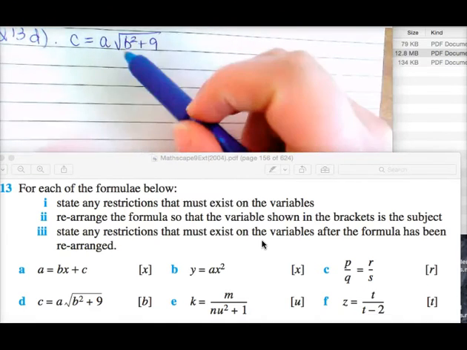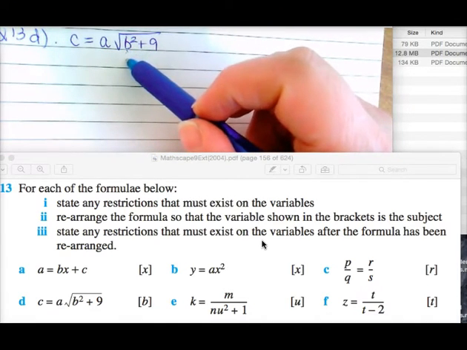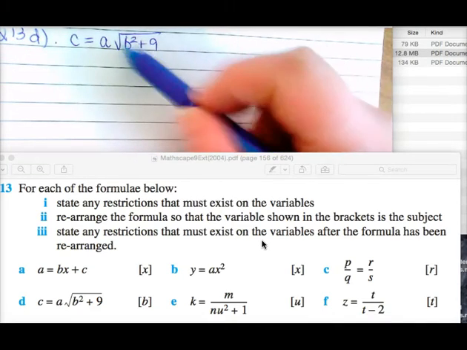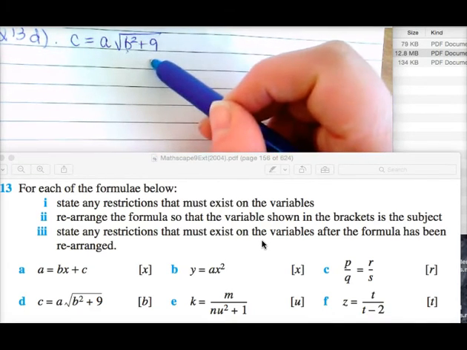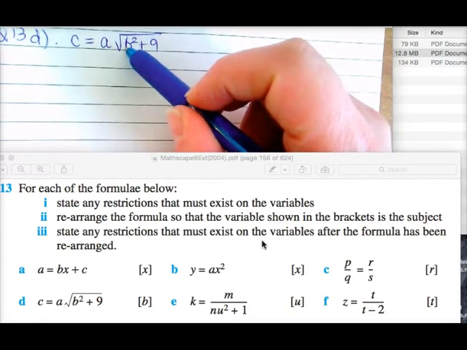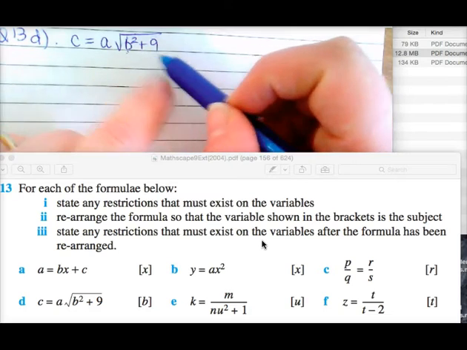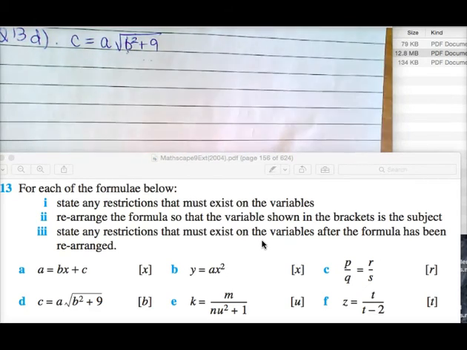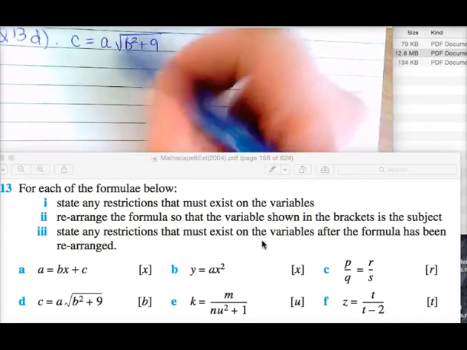But no matter what value of b you choose, b squared's always going to be positive, so what's under this square root sign will always be positive. If I chose b as -5, don't I get -5 squared is positive 25, plus 9 is positive 34, square root of 34, that's allowed. There's no way that that could ever be negative.